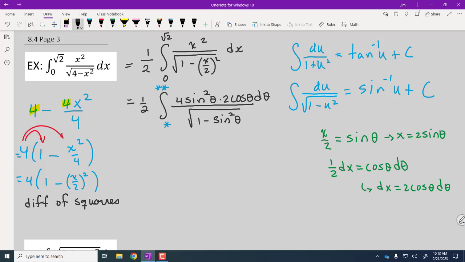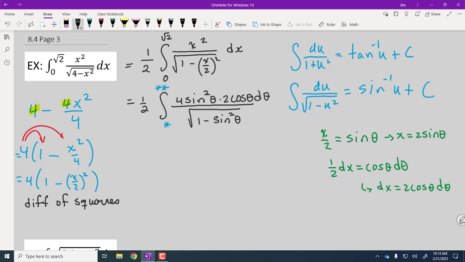Now we've talked a little bit about the square root of cosine squared. The square root of cosine squared is only cosine if you're on the correct interval. We talked a little bit about the square root of x squared, it's a piecewise function. It's equal to x only if x is greater than or equal to 0. Otherwise, it's equal to negative x. So we'll have to make sure that that's true.